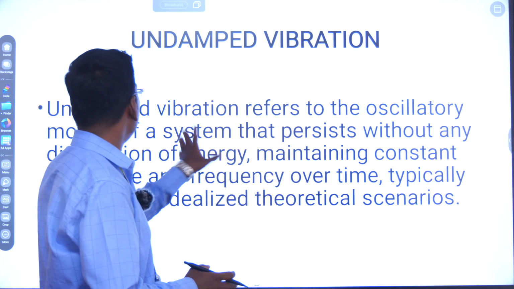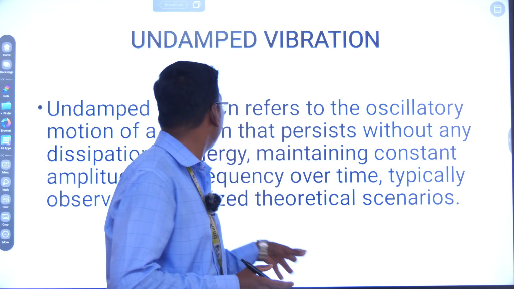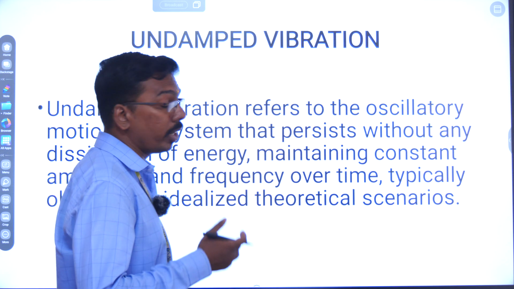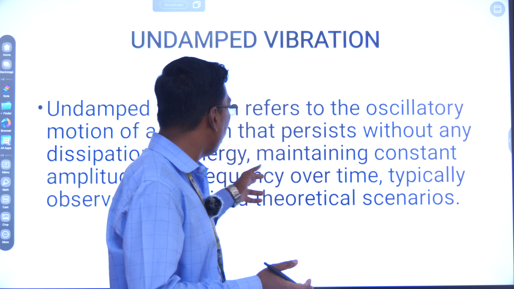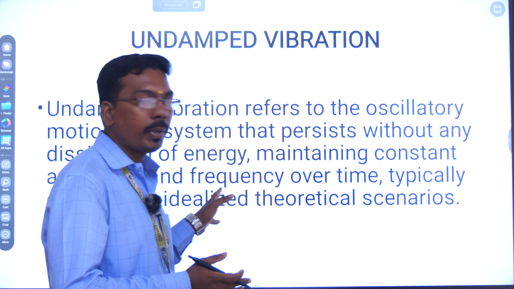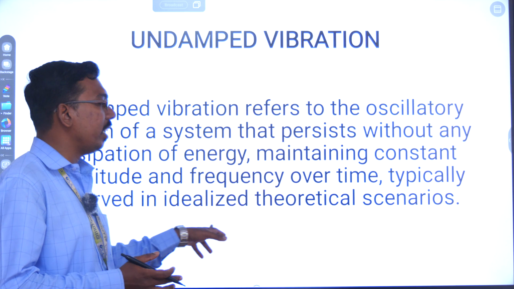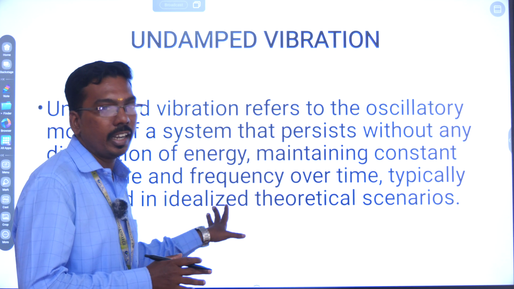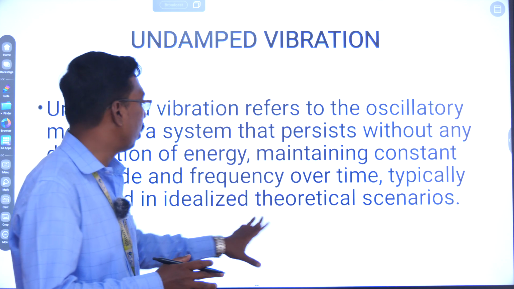Okay. This is the undamped vibration. It refers to an oscillatory motion of a system that persists without any restriction, without any dissipation of energy, maintaining constant amplitude and frequency over time, typically observed in idealized theoretical scenarios. Only in the theoretical scenario do we study undamped vibration, as practically we don't encounter undamped vibrations.